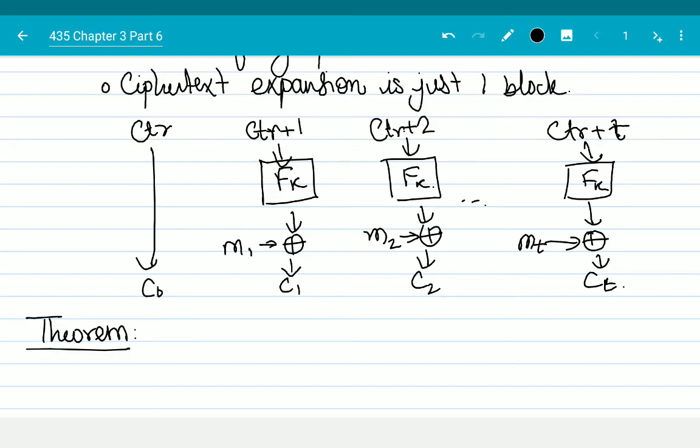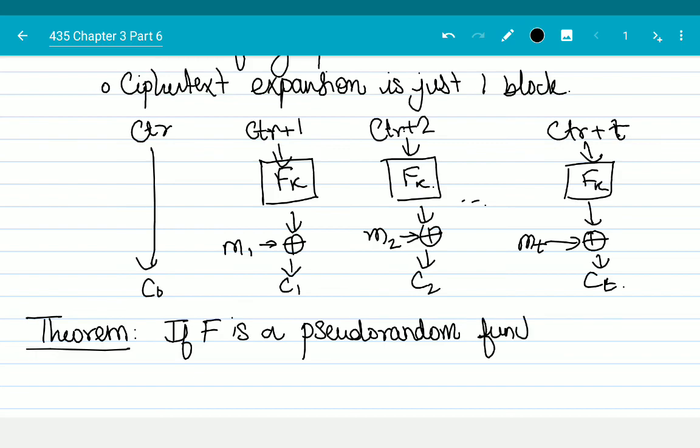Right? And the theorem: this is actually secure. If F is a pseudo-random function, then the CTR mode is CPA secure.